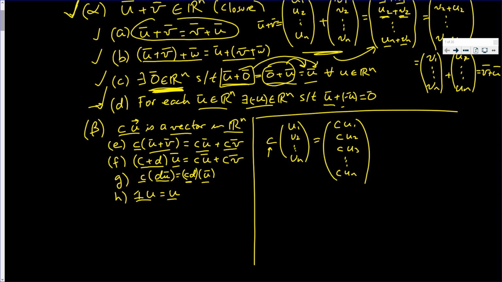Since c is a real number and ui is a real number, c times ui is a real number, where i is 1 or 2 or 3 up to n. So this is in Rn. It's n real numbers. 1, 2, 3, 4, 5, 6, eventually n. So I established that scalar multiplication is closed.